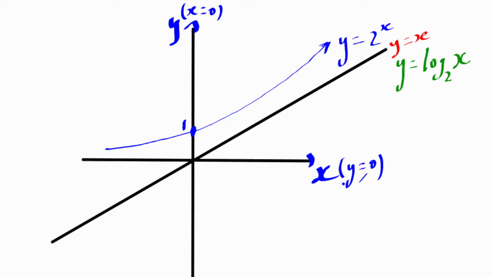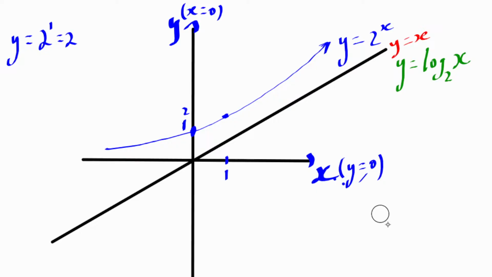If I want another point, I can substitute x equals 1. Then y equals 2 to the 1, which is just a 2. My diagram is not drawn to scale, but we could argue that's a 2, because when x is 1, y is 2.